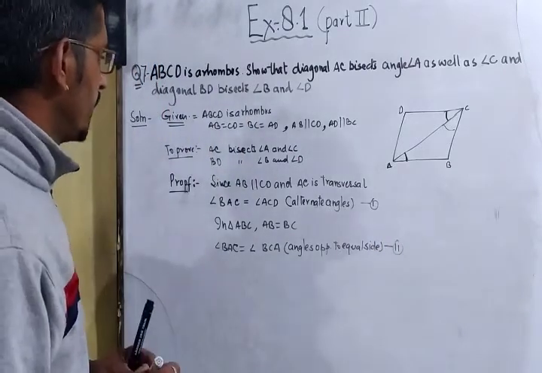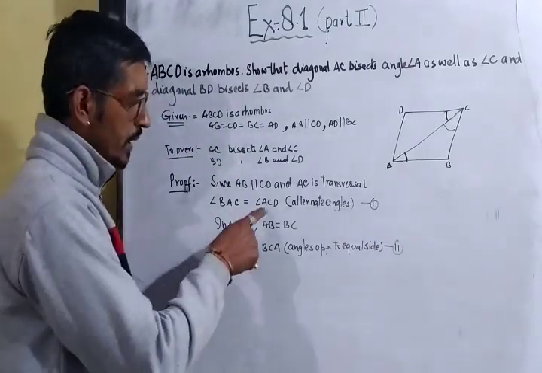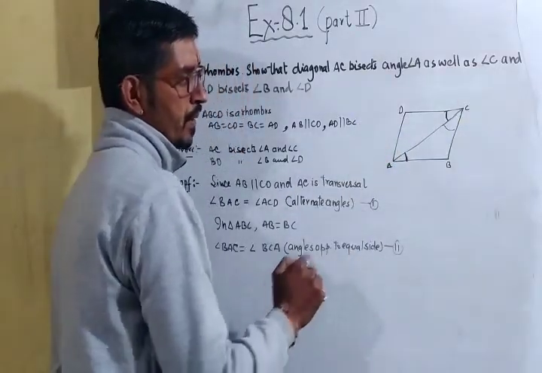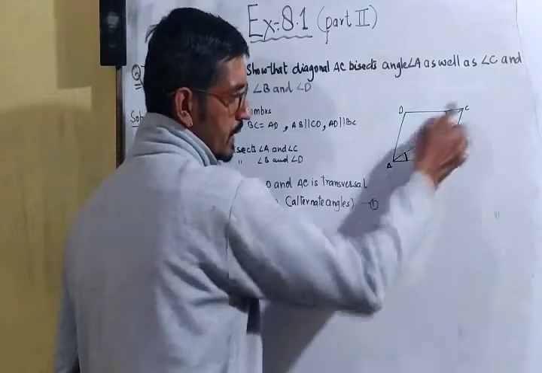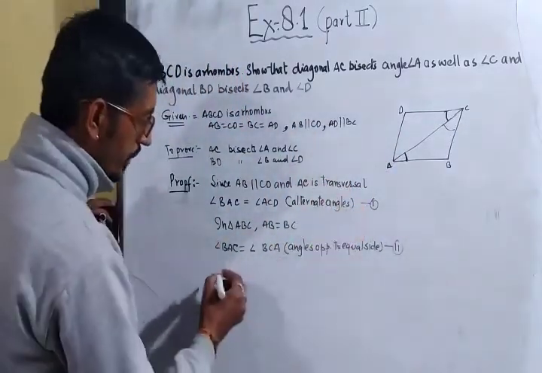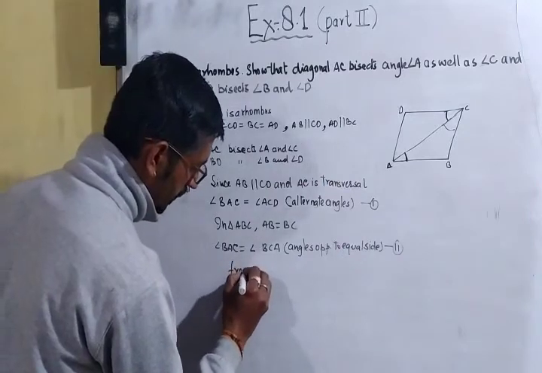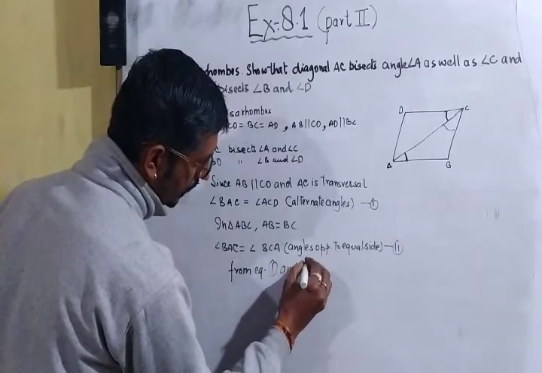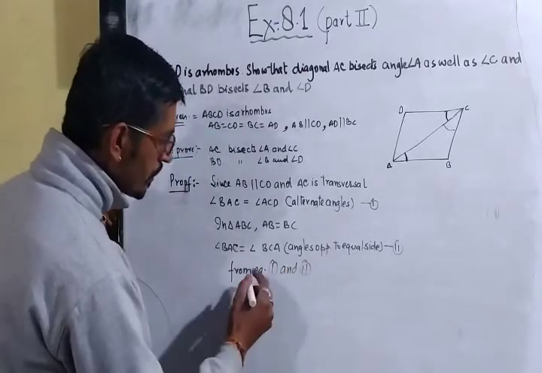Okay. Now BAC is equal to ACD. BAC is also equal to BCA. So what we can say from equation 1 and 2? From equation 1 and 2, what we can say easily?